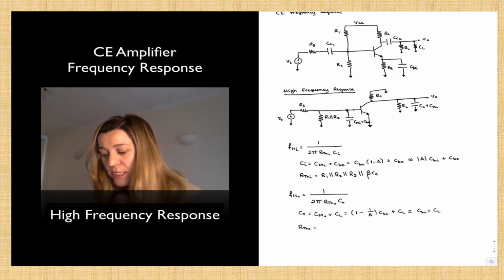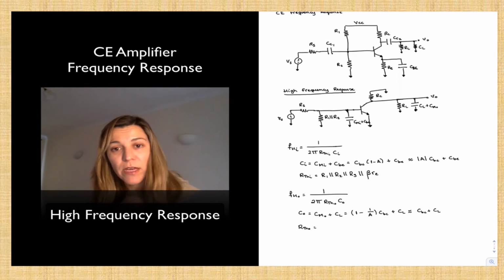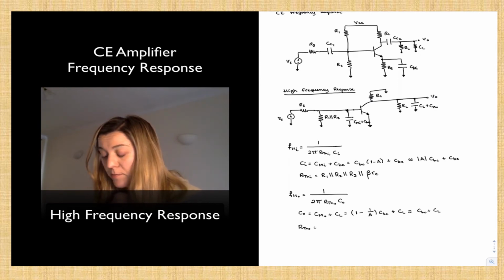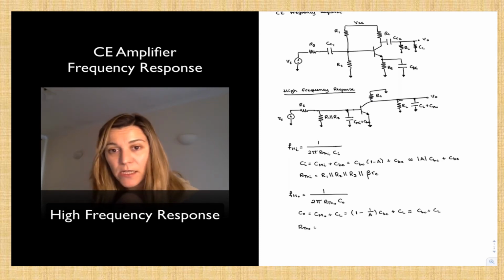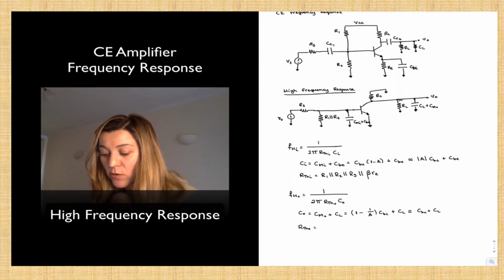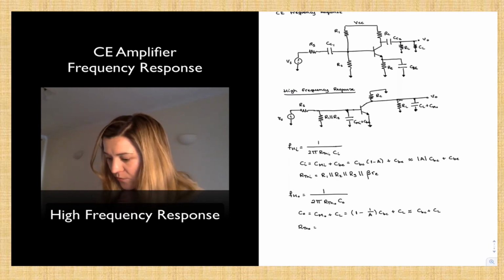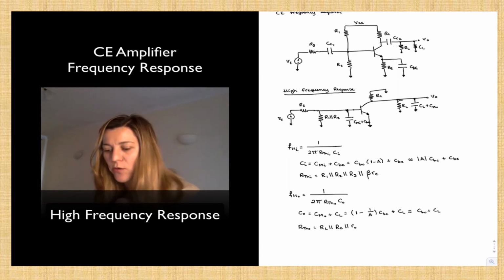And now the Thevenin resistance across the terminal of that capacitance is just going to be, from the schematic or from the drawing, RL in parallel with RC, and if we want to consider little rho, it will also be in parallel with little rho. So RL in parallel with RC in parallel with little rho.